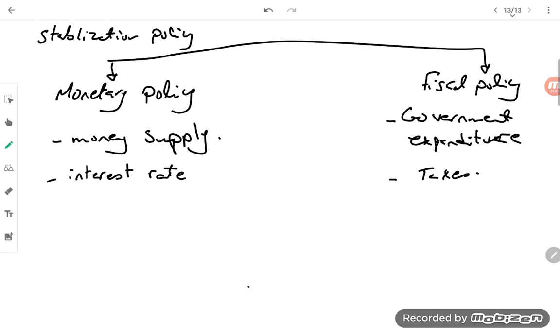So the government can use either tools of monetary policy or fiscal policy in order to achieve the three main objectives, which are to decrease unemployment rate, increase productivity, keep prices stable, or in other words, to tame the business cycle.